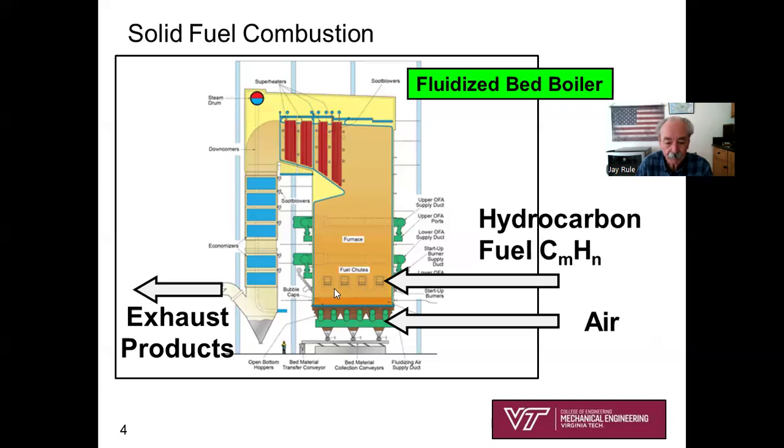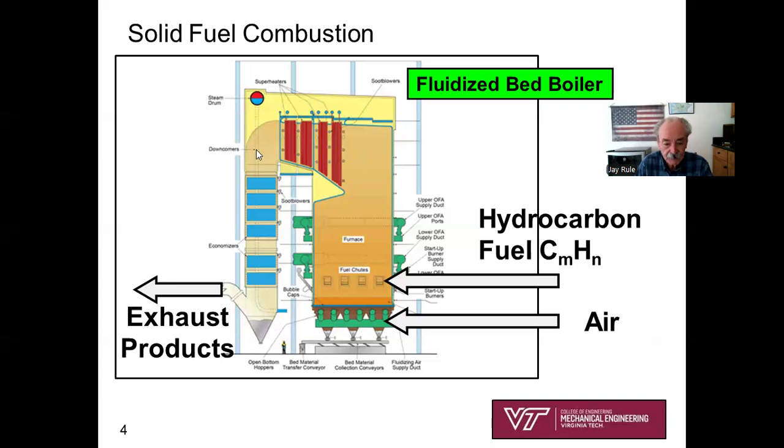And that fuel is going to then go into this sort of bubbling bed, where air is admitted underneath this bubbling bed. Okay, that's where the combustion is happening, and then the exhaust products are coming up here through this furnace. Combustion is continuing in this very large area, and then the exhaust products are passing over top of these superheating tubes, where steam saturated vapor is then increased in temperature into superheated vapor.